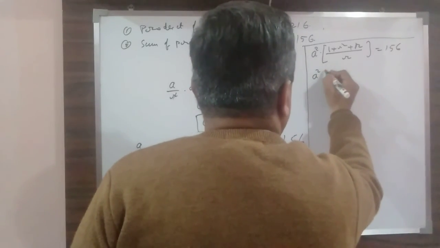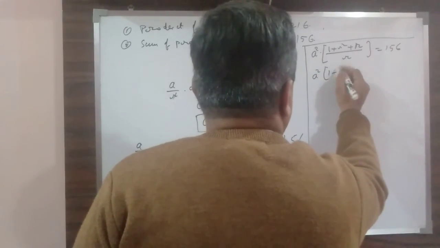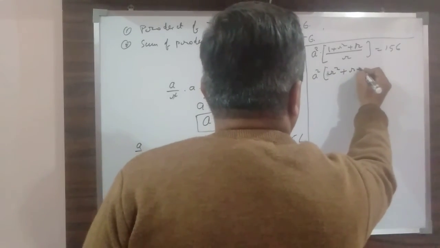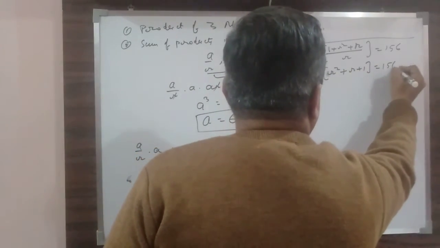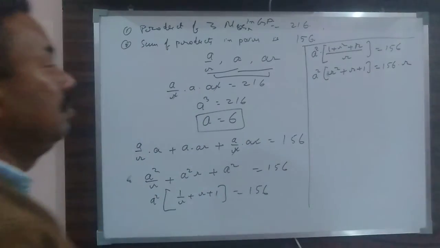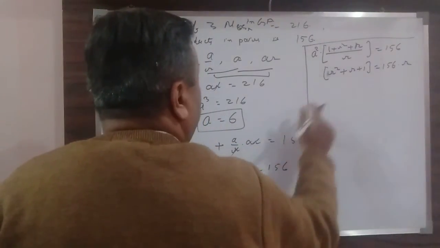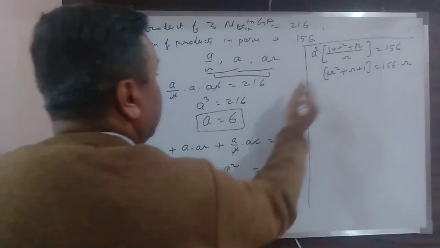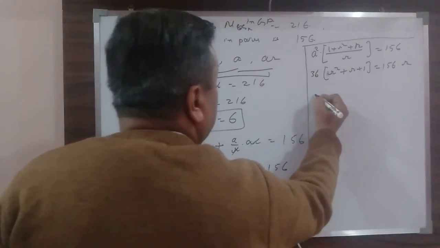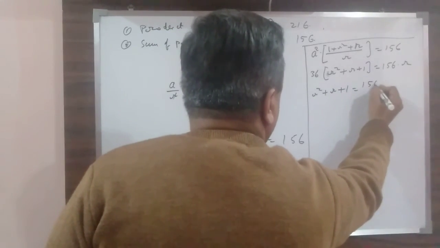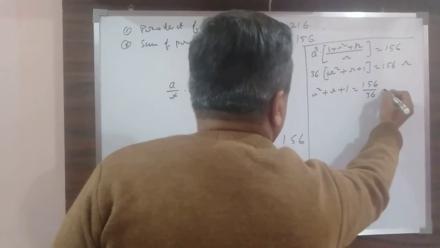So a square into r square plus r plus 1 is equal to 156 into r. Okay, but what is a? Because a is 6, a square is 36. So r square plus r plus 1 is equal to 156 divided by 36 into r.